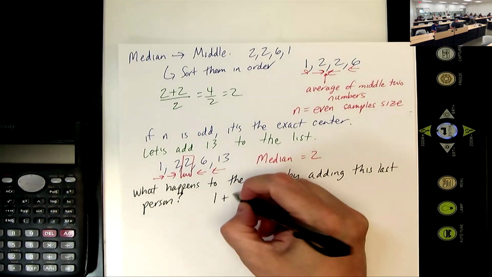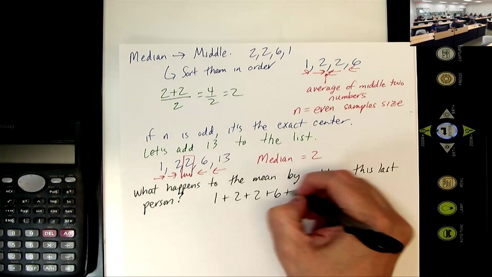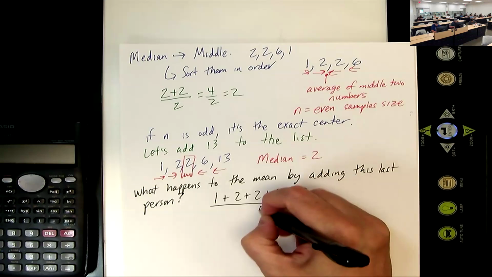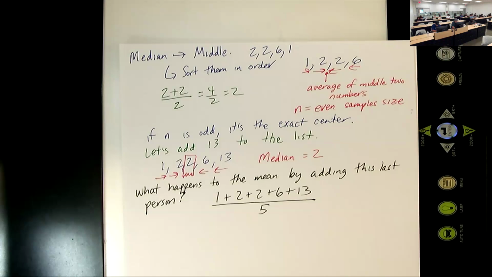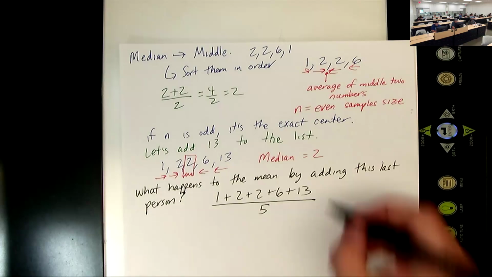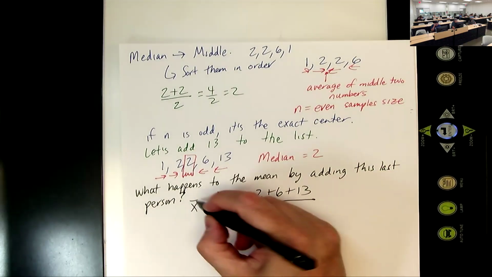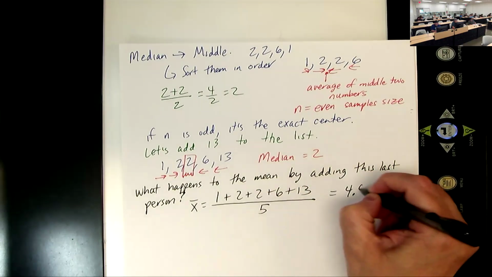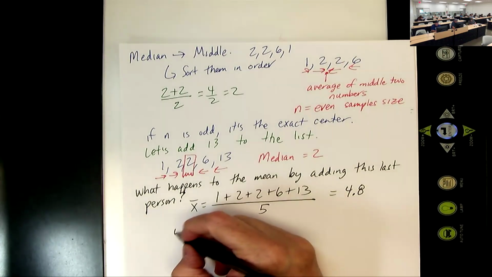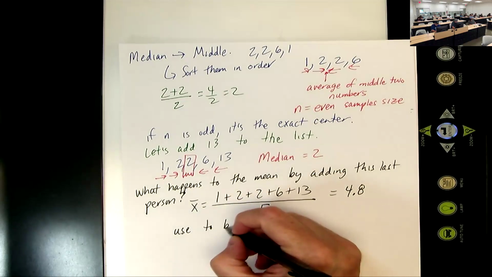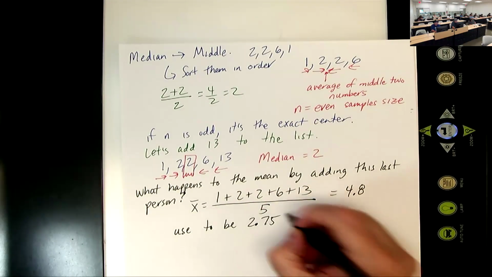We're gonna do 1 plus 2 plus 2 plus 6 plus 13, and now there's 5 entries. I am getting x bar is 4.8 now. And what used to be 2.75, wasn't it?